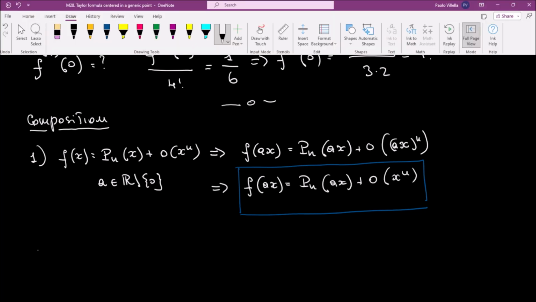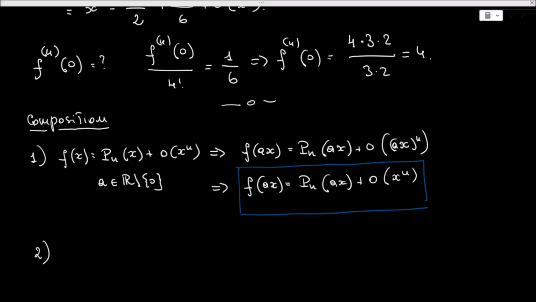Second composition is the following. As always, we have f of x equal to Pn of x plus little o of x to the n. We have a, which is a real number without the origin.